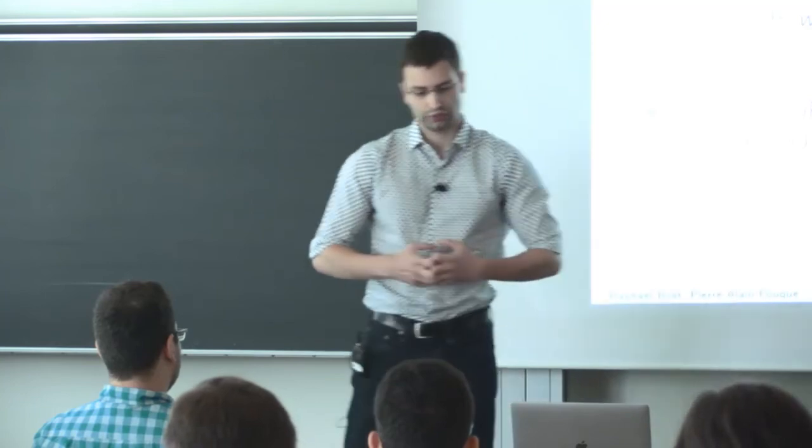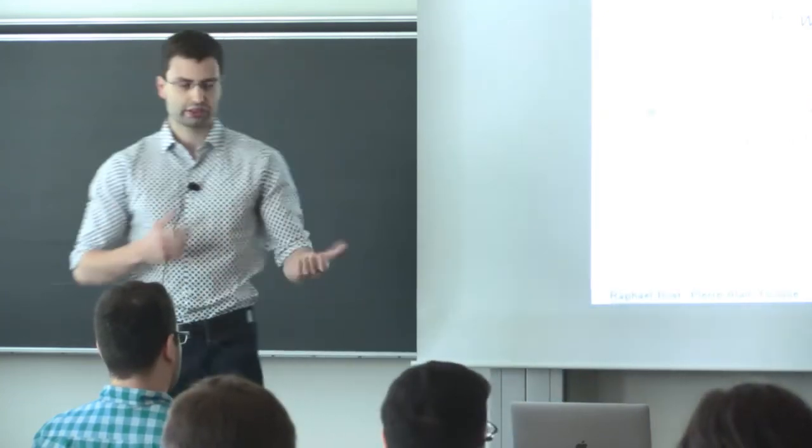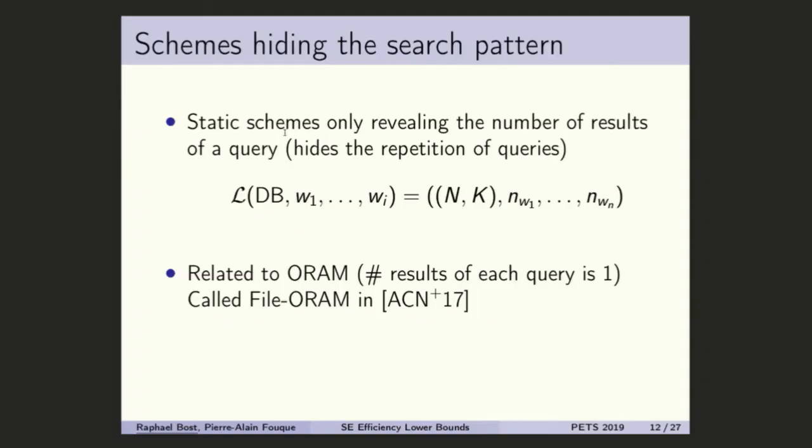And if you look at this, you can see that it is very closely related to Oblivious RAM. In Oblivious RAM, you have something similar, so you do reveal the size of your database, and because the result of each access query is of size 1, you reveal the number of results you have.